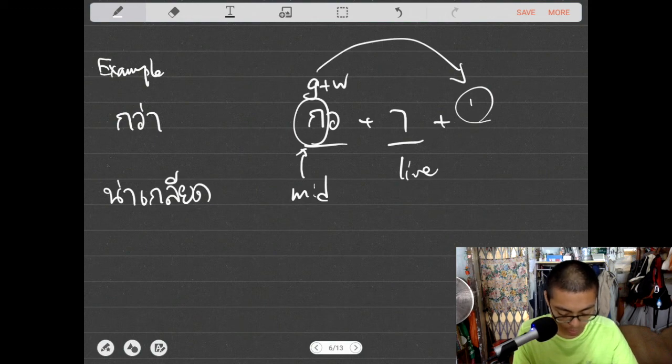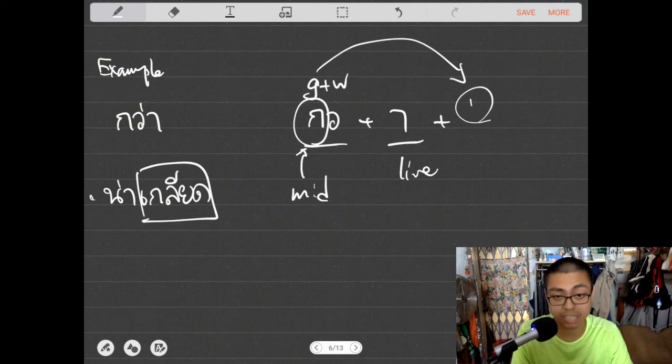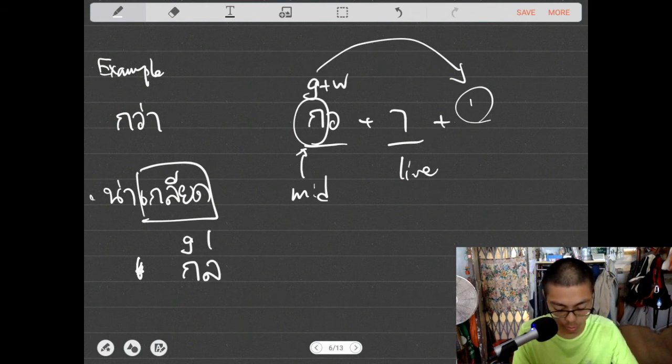The second example is 那個列. Maybe we can just focus on the second syllable, the 個列 sound. Let's break it down. First of all, consonant, we have ก plus ล, which refers to the G plus L, gl.